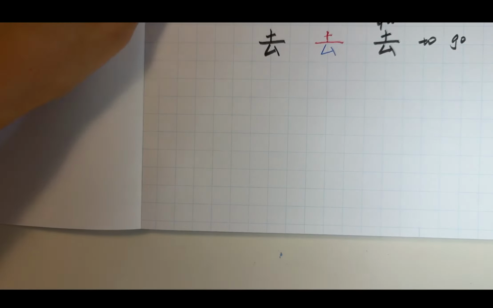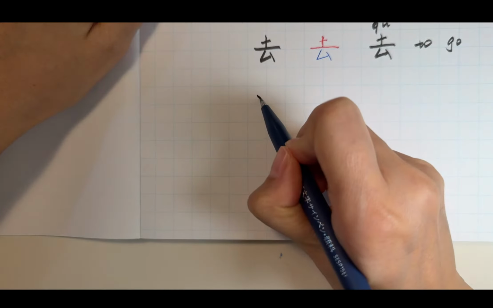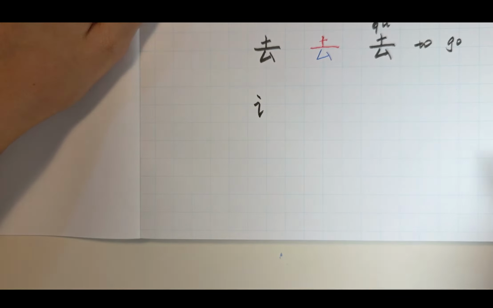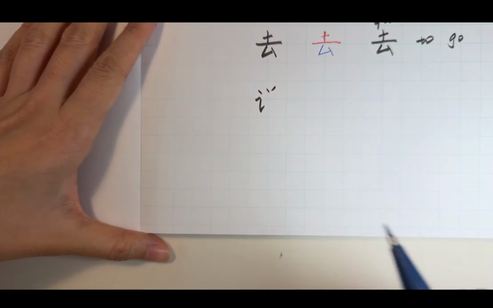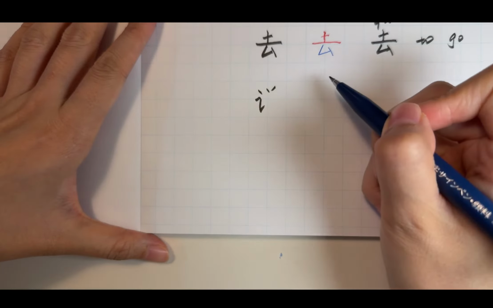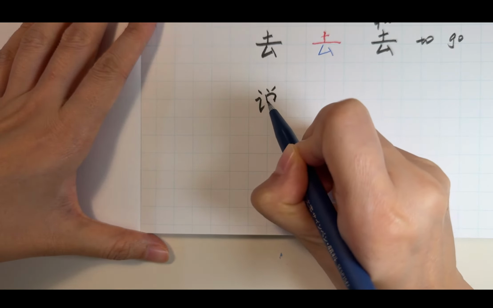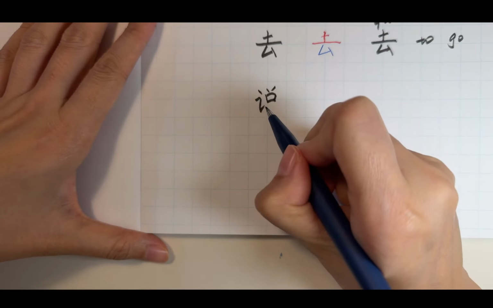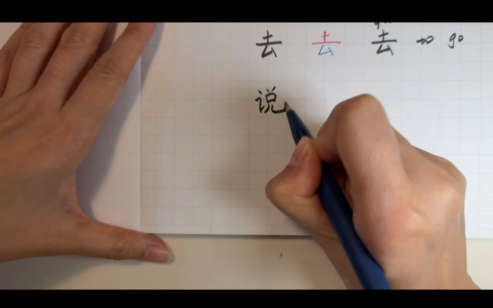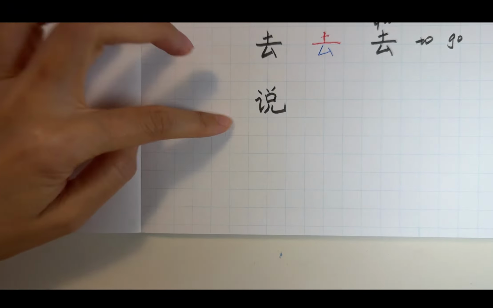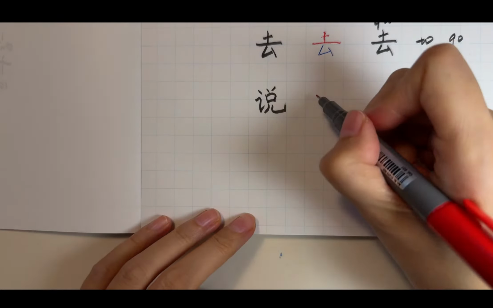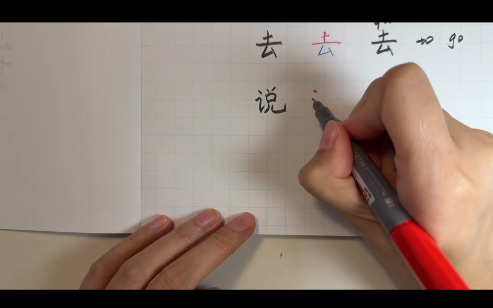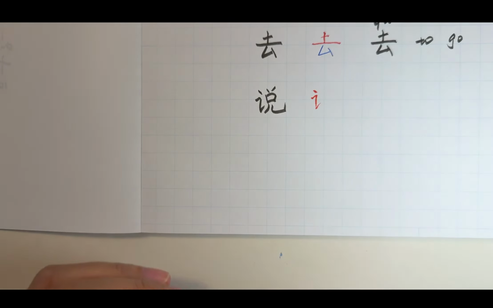So 说, we have this radical, which means the speech, 言字旁. And then we have this. It's also kind of like a hat. And we have the 口. And then we have this. So you will notice that we can break them down into a few parts. Like first, I have the 言字旁, the radical, which means speech. Right, I have this.